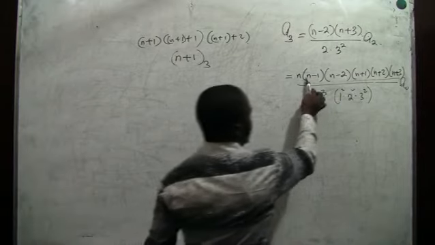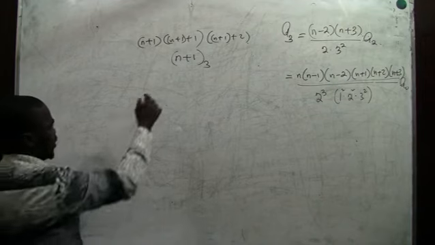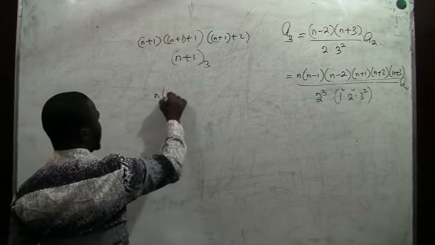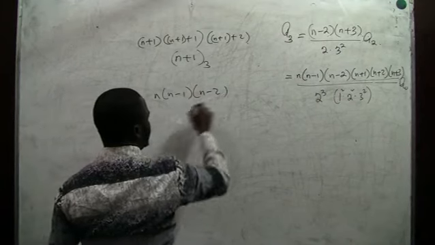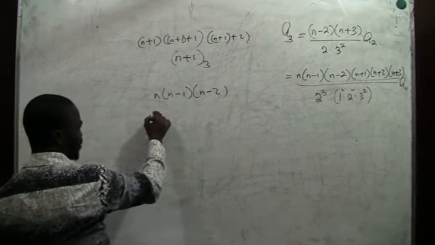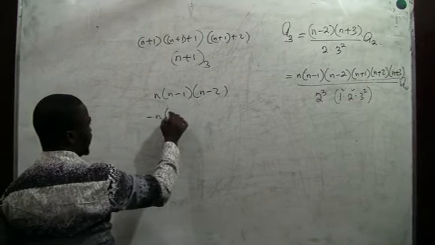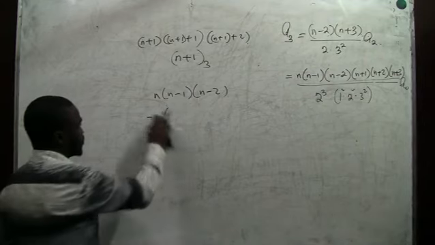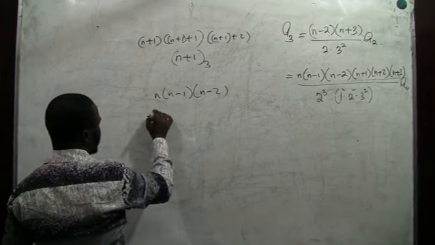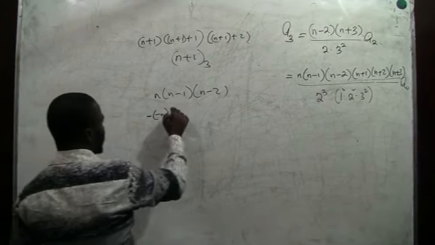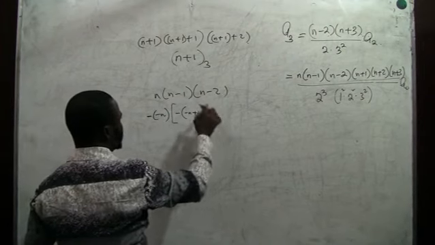Now, let us now look at this. Does it define factorial function? Let's look at it this way. N into N minus 1, N minus 2. Suppose I write it as N. I put minus N here. Let us write this one as minus N. I can as well write this as minus N plus 1.